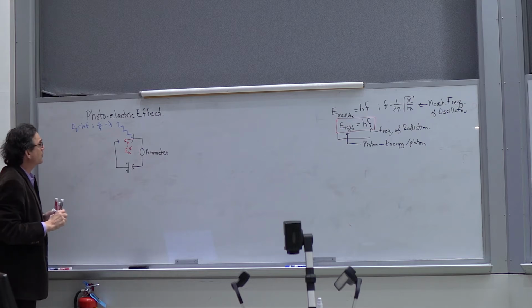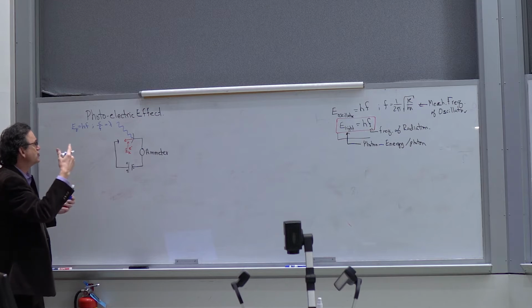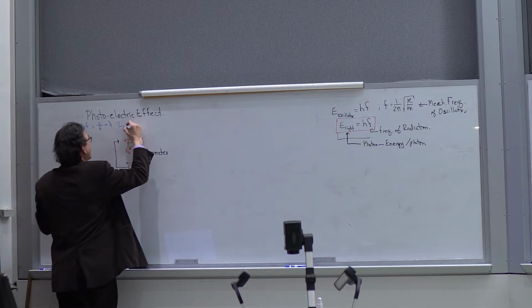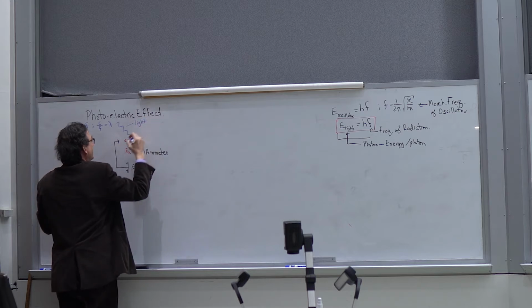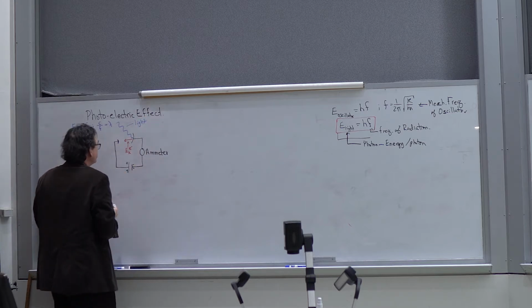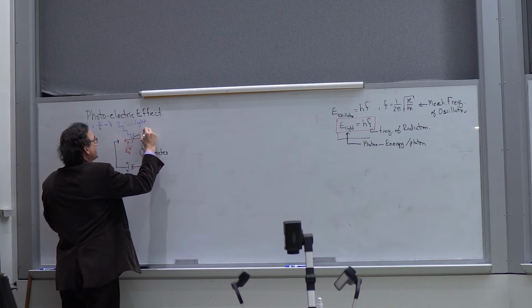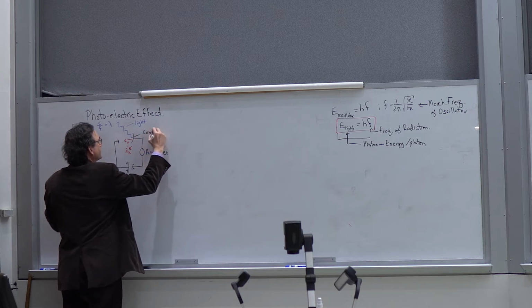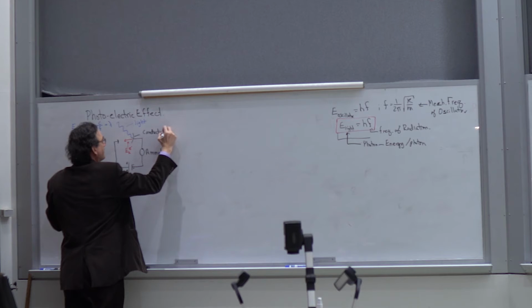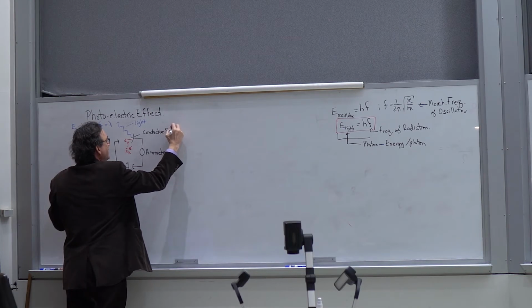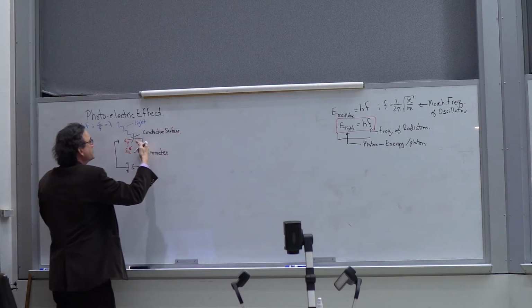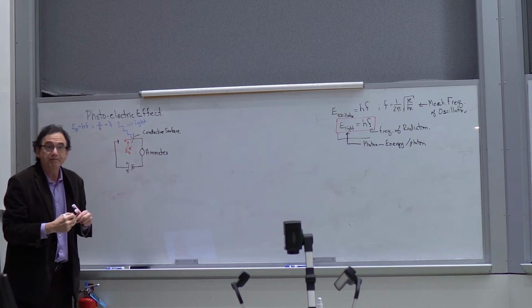So his idea was, if I shine light onto a metallic conducting surface, then I should be able to knock out some electrons as a result of that.